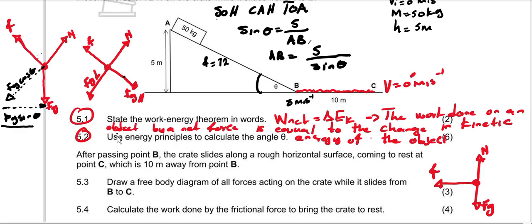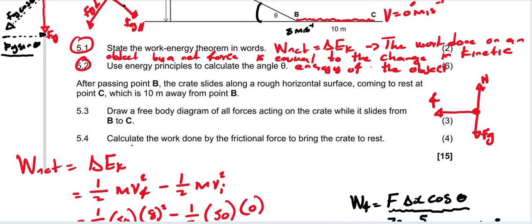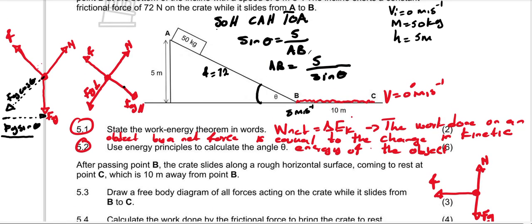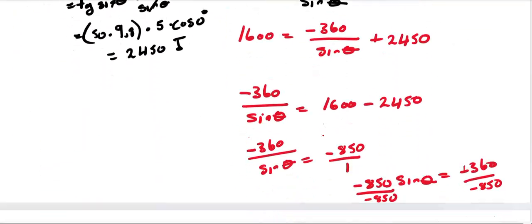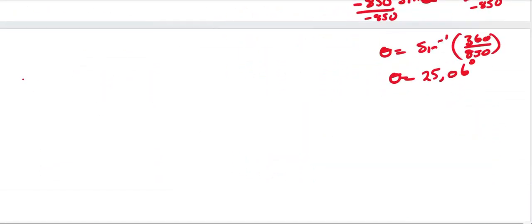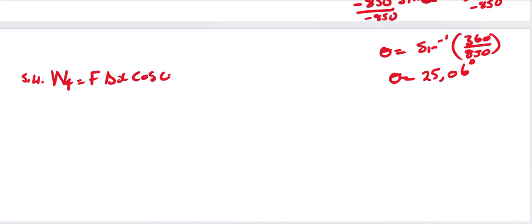5.4. They say calculate the work done by the frictional force to bring the crate to rest. We want the work done. So we know that the formula of work done, the work done by friction, is equal to force times change in x times cos of theta.